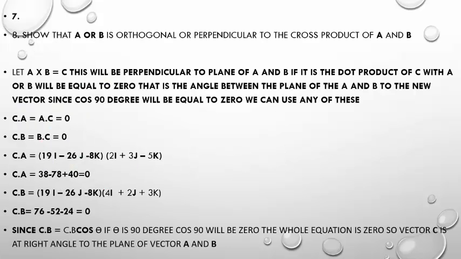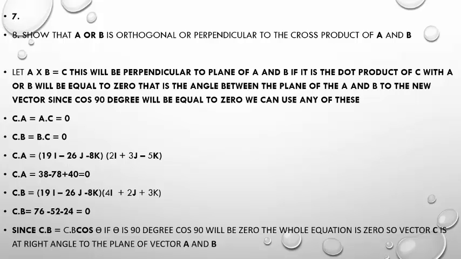Then show that A or B is orthogonal or perpendicular to the cross product of A and B. Let A cross B be equal to C. That is, let the answer be C. This will be perpendicular to the plane of A and B. We have explained this.